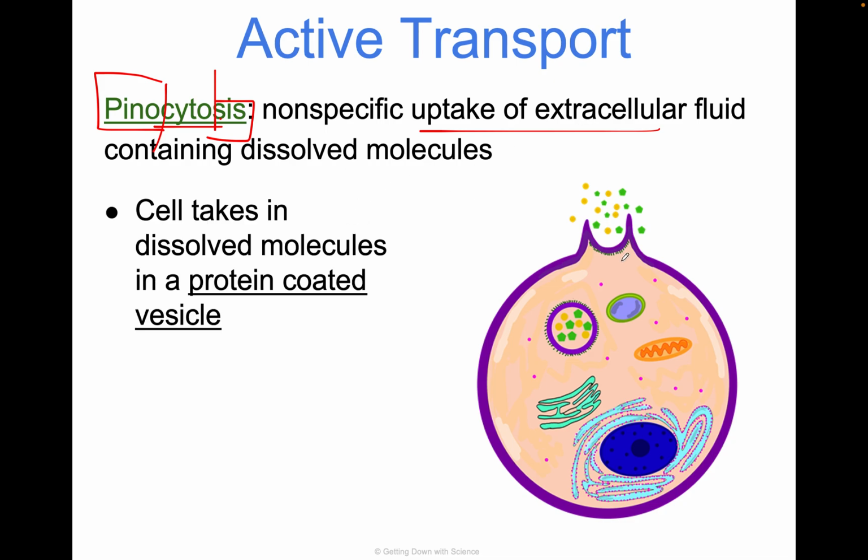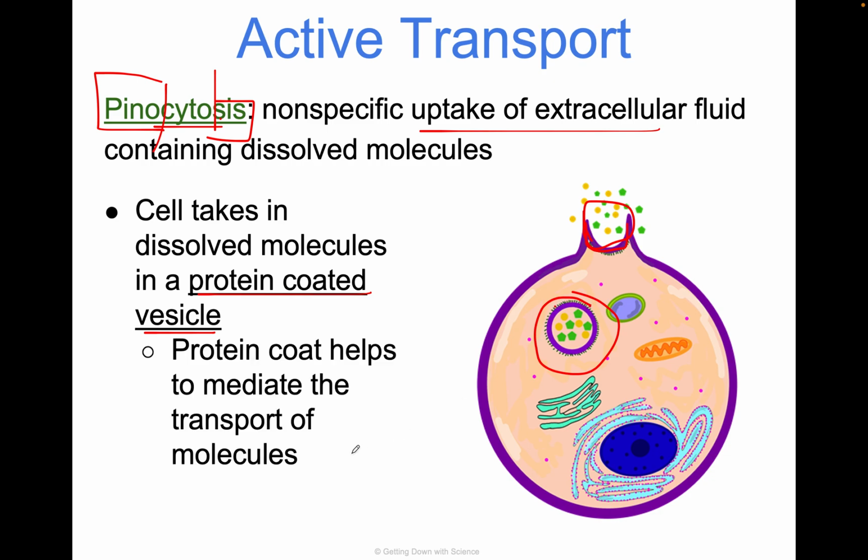It's not specific, so really it's just the cell forming these little things here. Pseudopodia. They take in dissolved molecules in a protein-coated vesicle. So again, you're going to get this membrane around here. You've got a bunch of proteins attached to it. Those proteins help mediate the transport of the molecules itself.